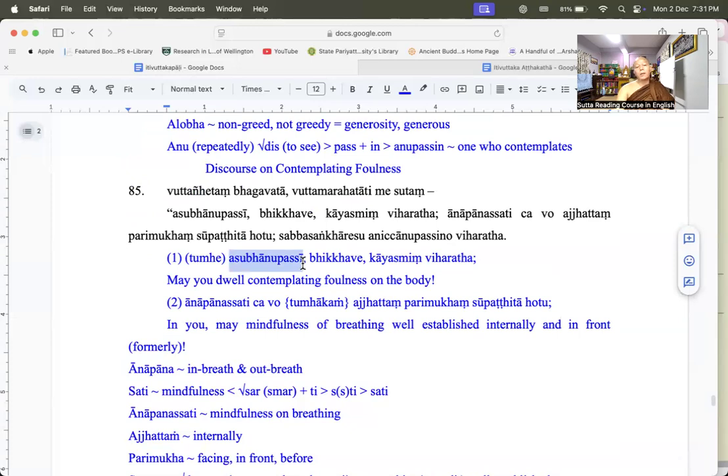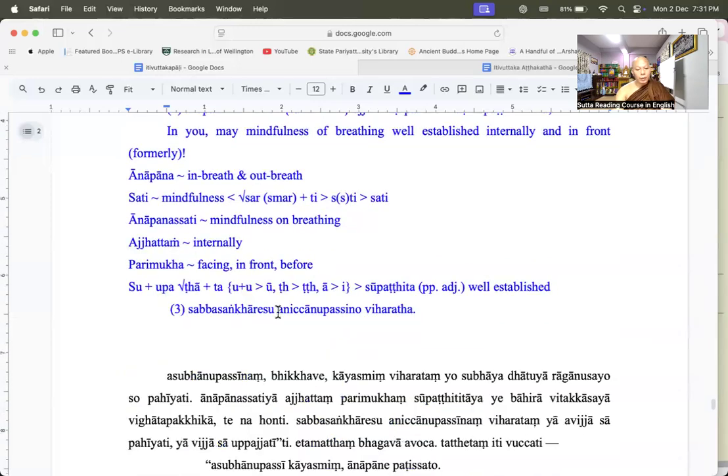So two forms. Here also Aniccanupassi. So here Sabba Sankharesu means on all conditioned things. Sankhara we already know that. And Aniccanupassi is the same as Asubhanupassi, only anicca and anupassi.